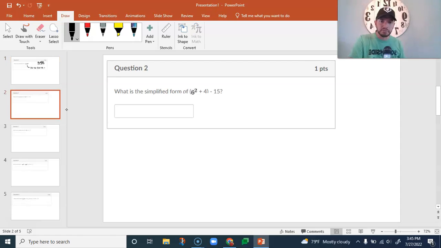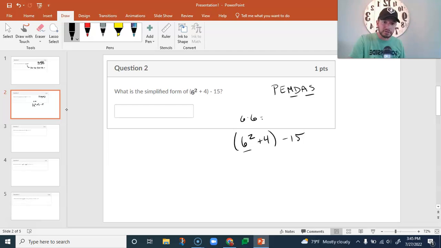Okay, next up, I'm going to rewrite PEMDAS real quick. I should have done that earlier, I apologize. Remember that these guys are together. All right, so we're going to start here with the parentheses, and inside the parentheses, I'm just going to go ahead and rewrite it down here. We have 6 squared plus 4 minus 15. So inside the parentheses, we need to deal with the exponent first. So 6 squared is the same as 6 times 6.